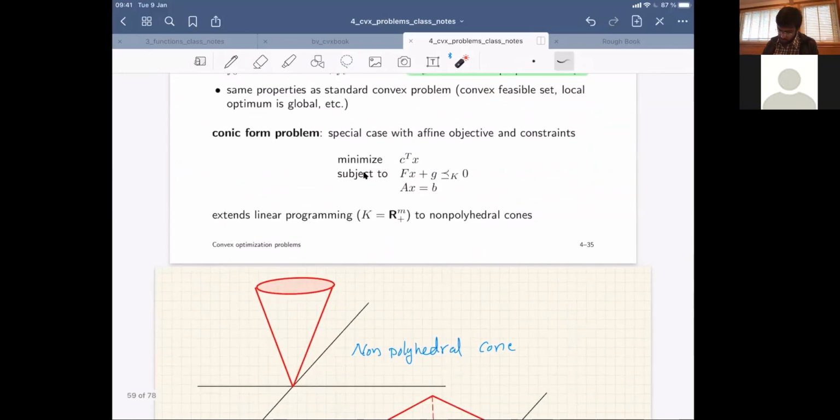This is called the conic form of the problem, and it will be the outer generalized class of all the problems that we saw so far. We will see how we can prove this. So this extends linear programming.